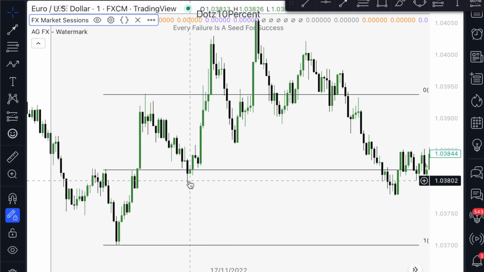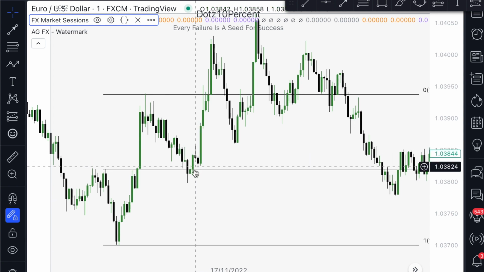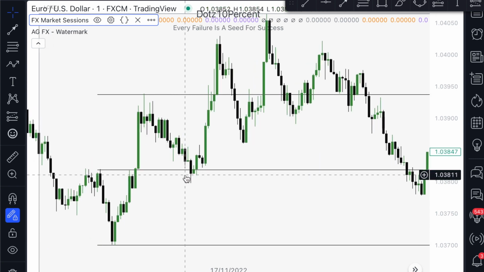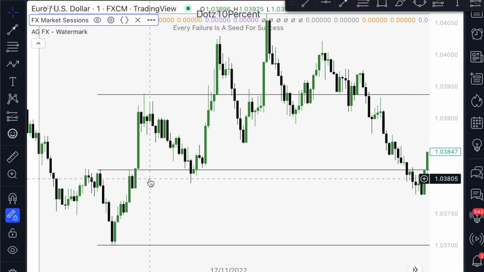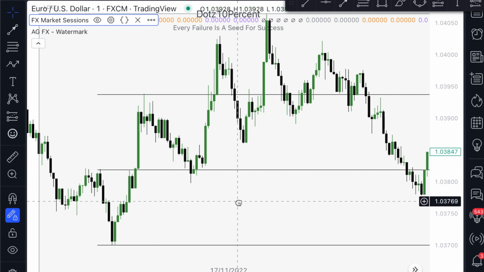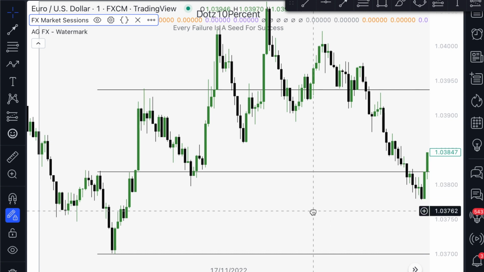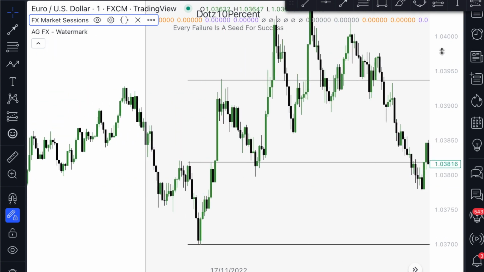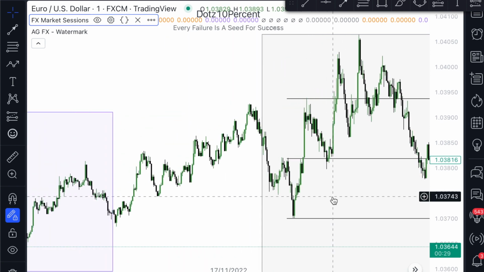Price forms a low and gives you this move after tapping into an array, right? Look at this. Price did not close inside that order block. This for me would have been the perfect place to execute. A perfect trade in my eyes.